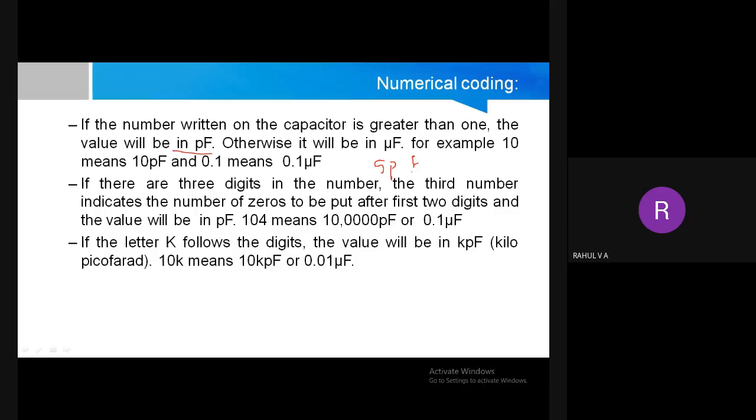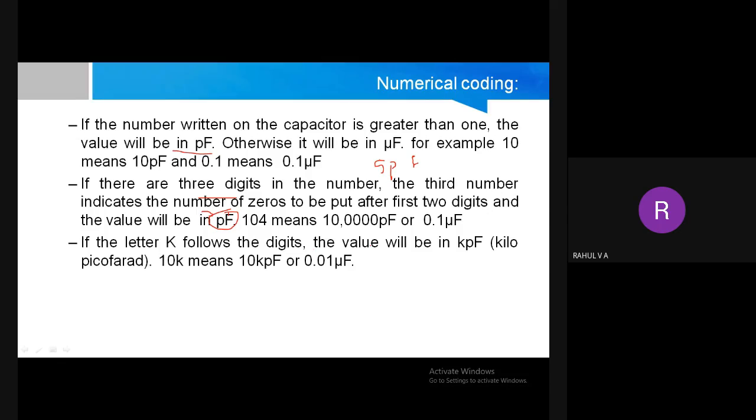If it is equal to or less than 1, then it is microfarad. Then if there are 3 digits on the capacitor, the third digit is the number of 0s and the total value is in picofarad. That is very important. A point should not be missed. The total value is in picofarad.